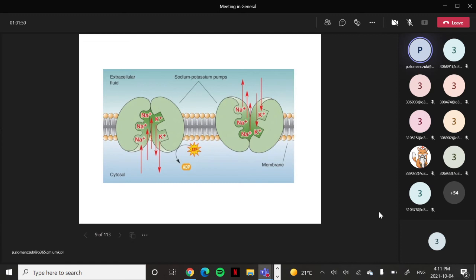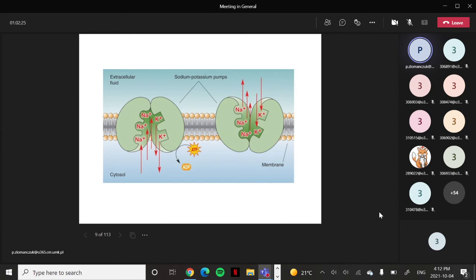And in this electrogenic effect, it's not that important what the carriers of the charge are. The chemical nature of the carriers of the charges is not that important. The important fact is that these charges are moved in a certain proportion, meaning that the net effect is that with every turn of this pump, 1 positive charge is removed from the cell.